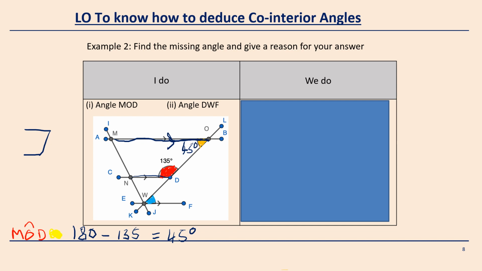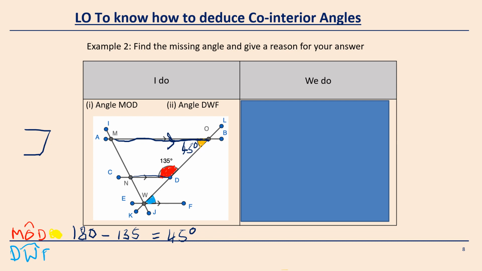The next one is D W F. I'll do that in blue. D W F. What can we tell? What can we use? We're going to have to look at this. This is where your problem solving skills come in.